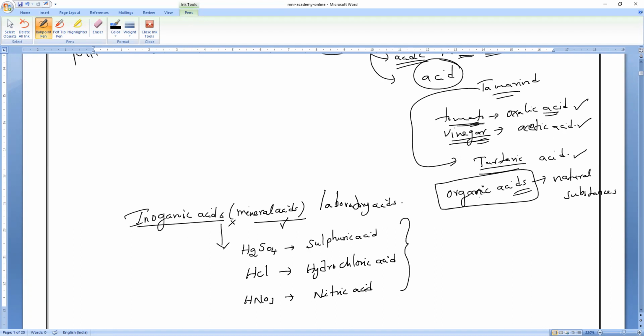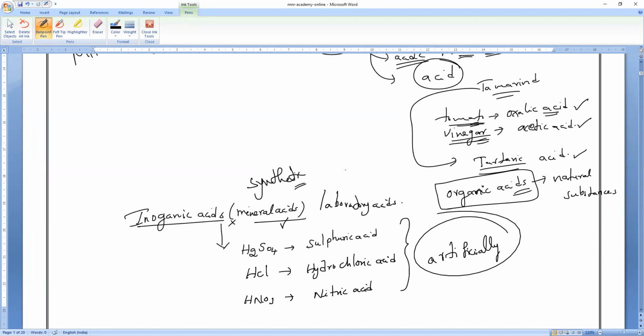They are not coming from nature. They are prepared artificially, so we can say synthetic acids. These are the many names we can call them.